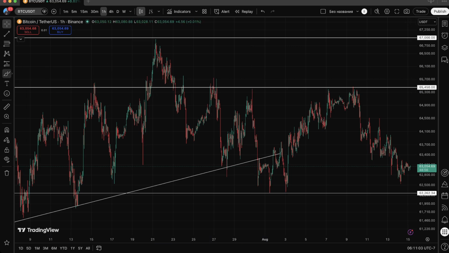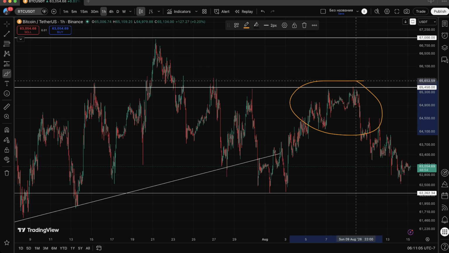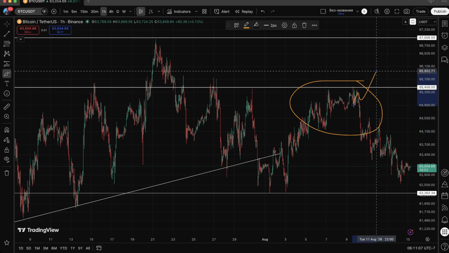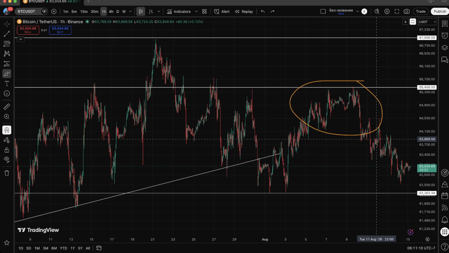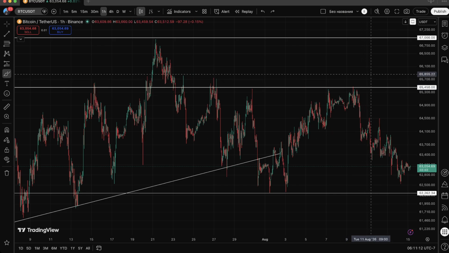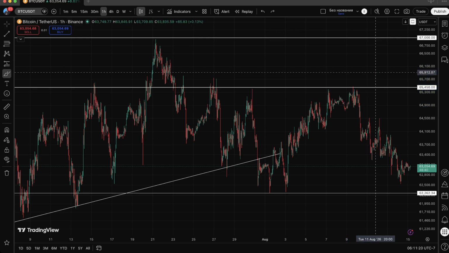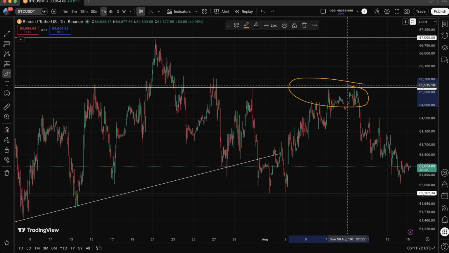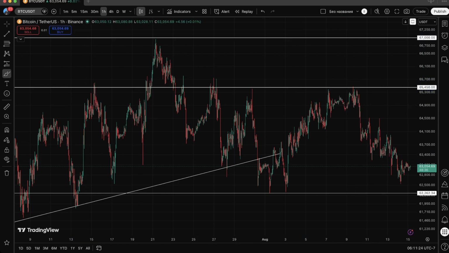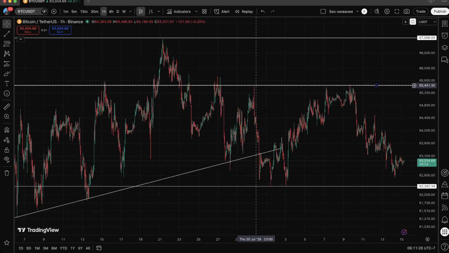And if price right here accumulates enough strength to break above it, Bitcoin may again start to trade in an upward trend, because maximums might start to increase again. But Bitcoin got rejected from the resistance level at 65,450, which means that Bitcoin saved the downward trend, which means that Bitcoin is still trading in a downward trend.